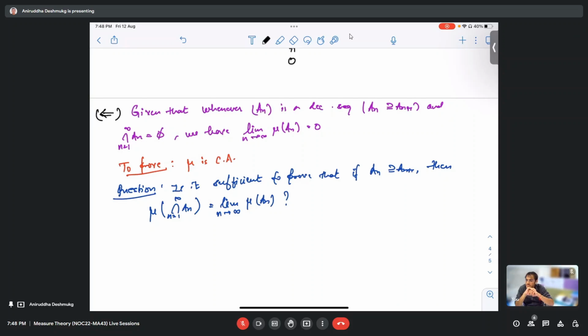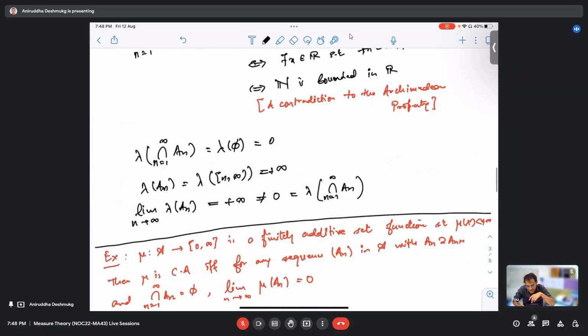So we have to prove countably additive, and in countable additivity, the union of a countable family has to be of pairwise disjoint sets. Right, that is the definition of countable additivity. But sir, we have seen this result, right?